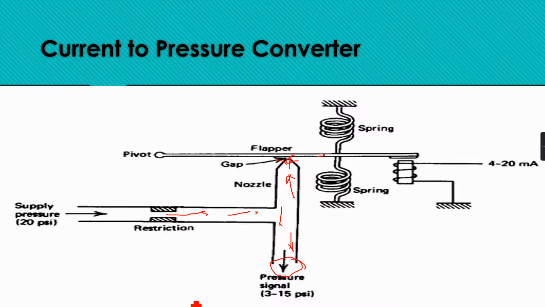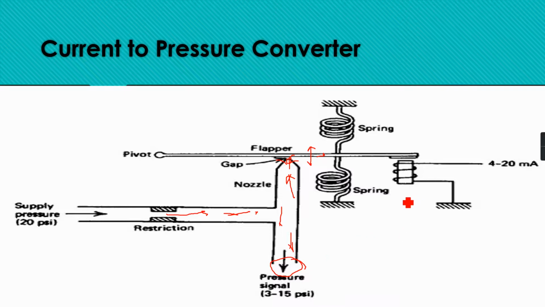This is the working of the output port of the flapper nozzle system. It depends upon the displacement or the position of the flapper. If initially there is no restriction, then whatever input supply of air we give here will all go through this opening, and we will get 3 psi as the output only, or 0 psi.